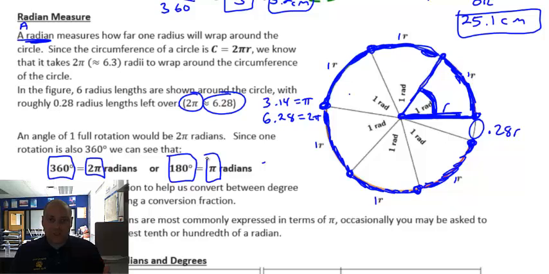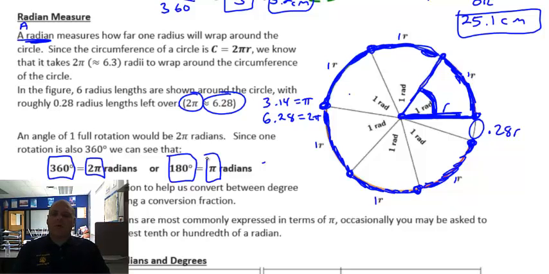We call it 2 pi instead of saying 6.28, because 6.28 is an estimate, it's rounded. 2 pi is exact, all right? And then 180 degrees, half of the circle, is going to be pi radians.